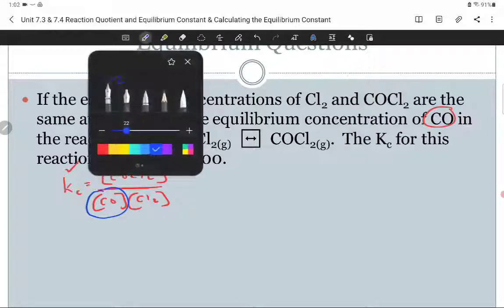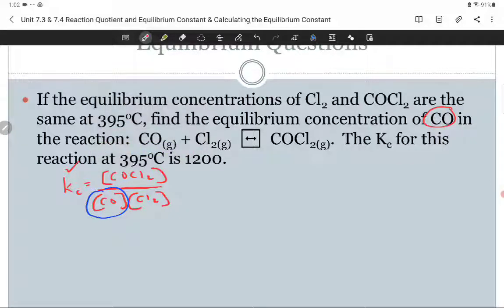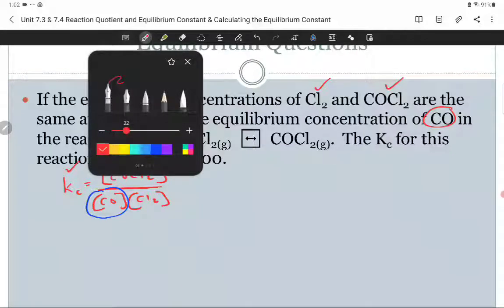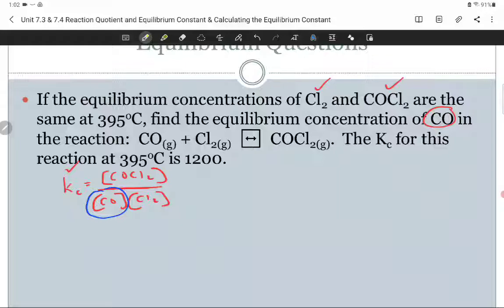If the equilibrium concentrations of Cl2 and COCl2 are the same, it doesn't really matter what the numbers are, they're the same. So what's that going to do for us? That's going to cancel those two terms out because they're divided by each other.